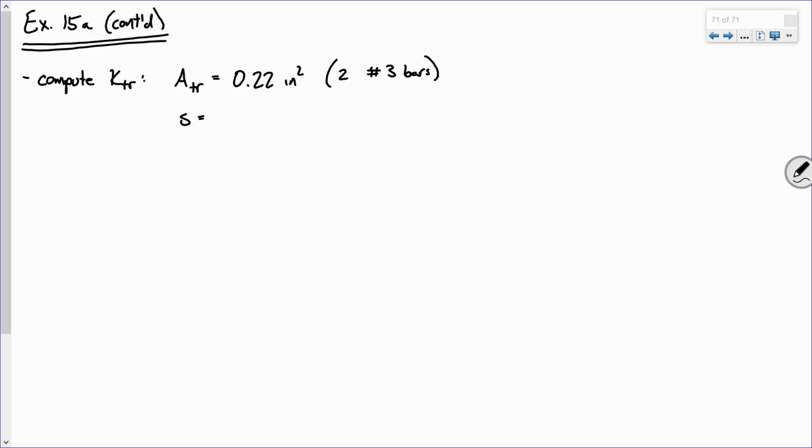Okay, what's the stirrup spacing? 8 inches, right? And how many longitudinal bars are in a single layer? Number of bars going like that. How many bars do we have?